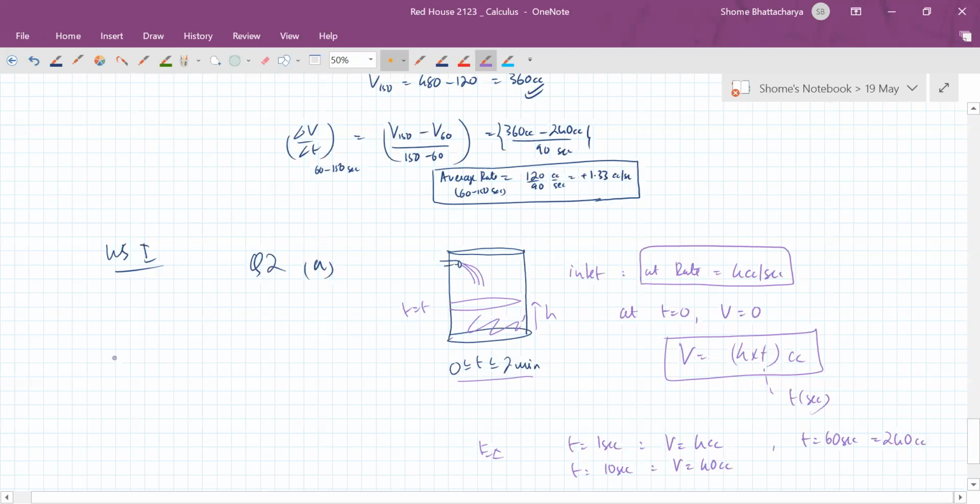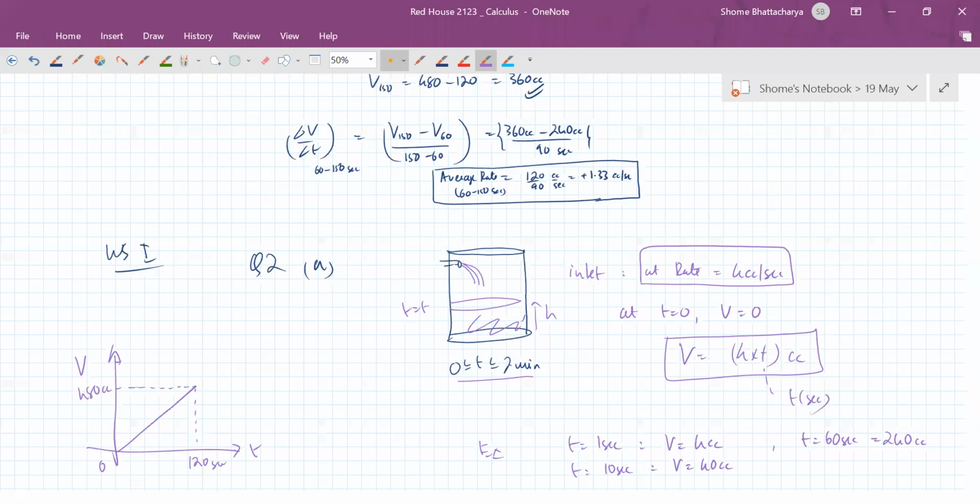So we can visualize the volume changing with respect to time like this. It's increasing at the rate of 4 cc per second. So in 120 seconds, it increases all the way to 480 cubic centimeters. Now, if this height is h and the base area is a, at the instant when volume is so much, we can also write that the volume is equal to height into area.